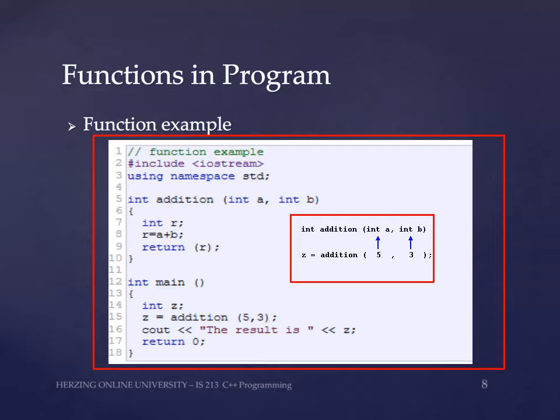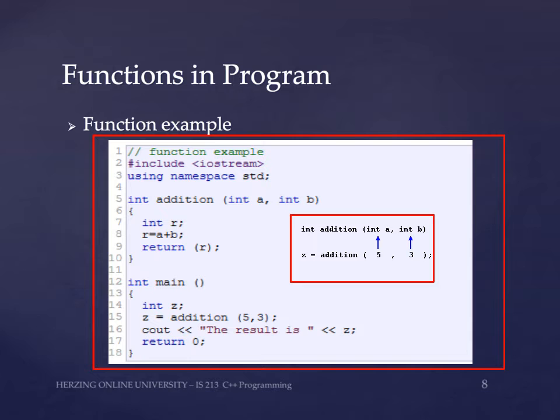So the parameters and arguments have a clear correspondence. Within the main function, we call addition passing two values, 5 and 3, that correspond to the int a and int b parameters declared for function addition. At the point at which the function is called from within main, the control is lost by main and passed to function addition. The values of both arguments passed in the call, 5 and 3, are copied to the local variables int a and int b within the function.